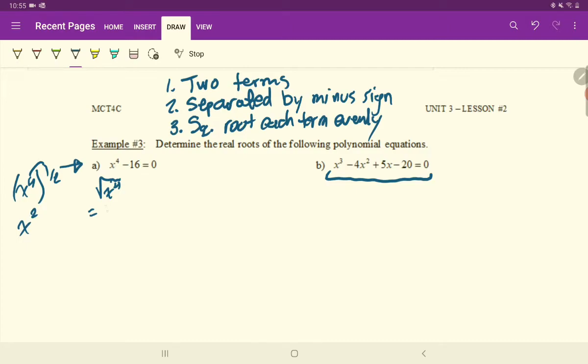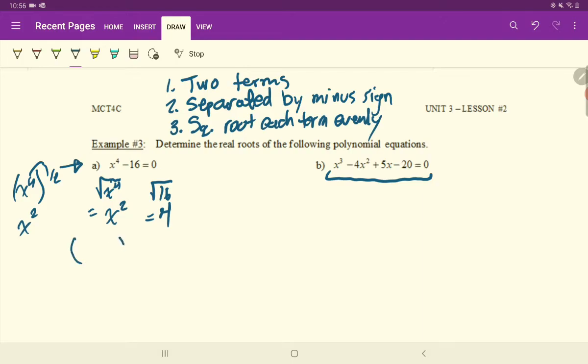So the square root of x to the 4 is x squared. And then the square root of 16, and notice I don't do negative 16. You're just looking at the value after the minus sign here. That's a 4.